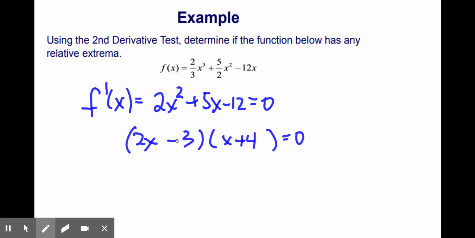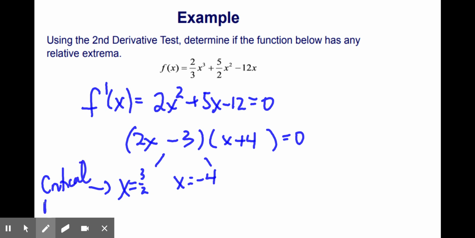If I FOIL that, do I get back to where I started? 8x, 5x, yep. Okay, so this is how it factors. So let's split these, and we get x equals 3 over 2, and x equals negative 4, right? So these are my critical numbers.